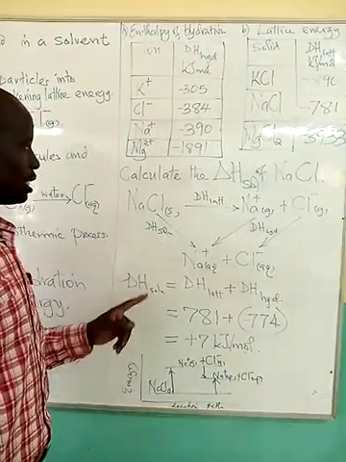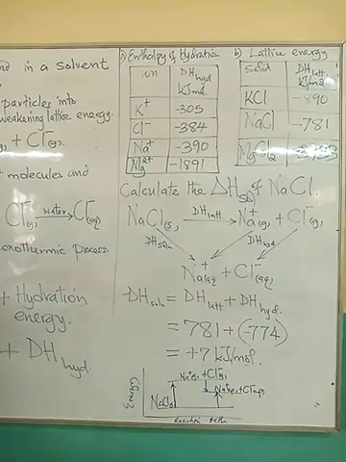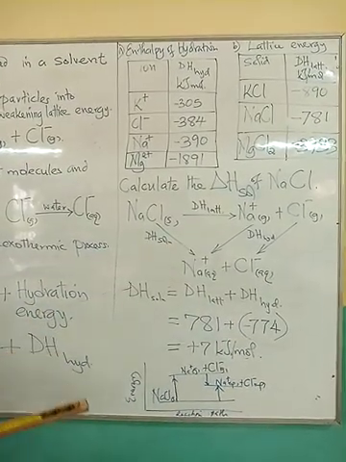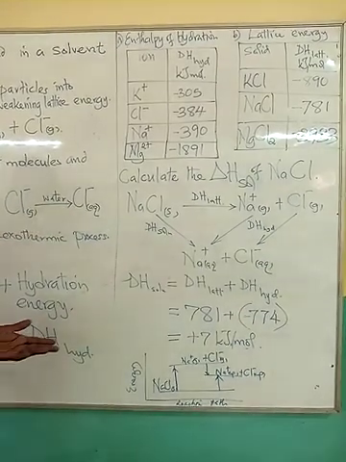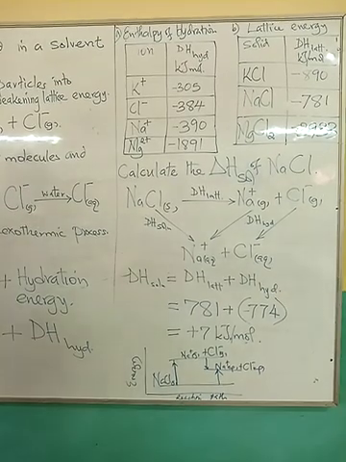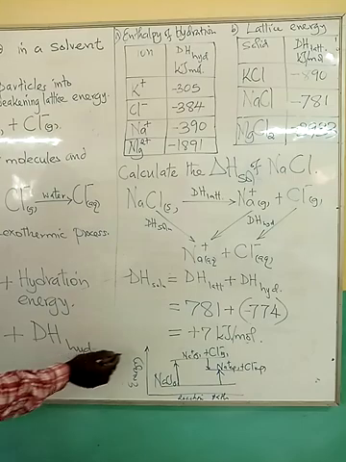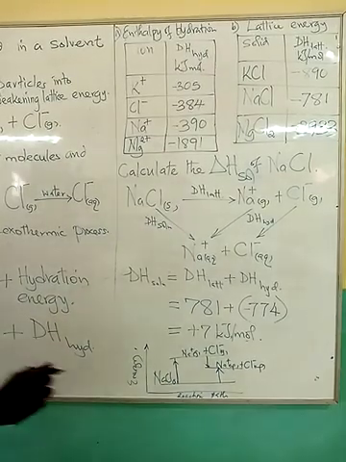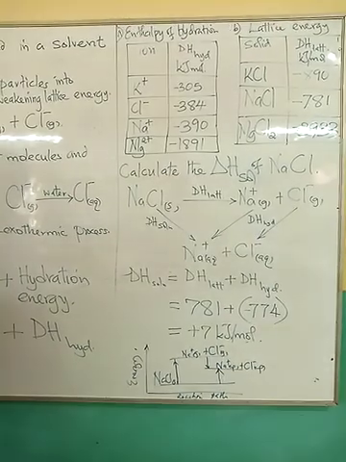The information in this energy cycle diagram can also be presented on an energy level diagram. Just as an example, on an energy level diagram, we have the y-axis as the energy content, which is always in kilojoules per mole. Then we have the reaction path or the reaction course.